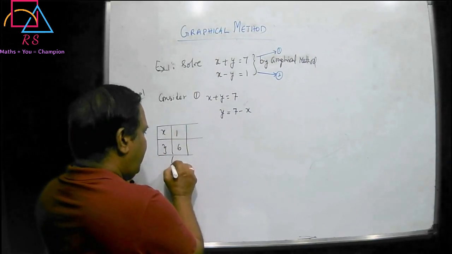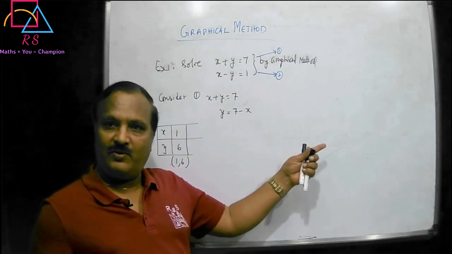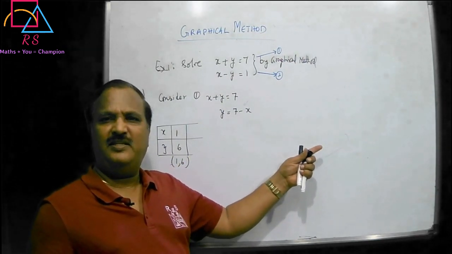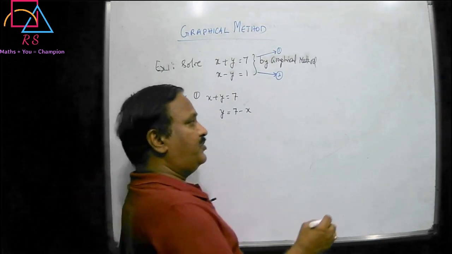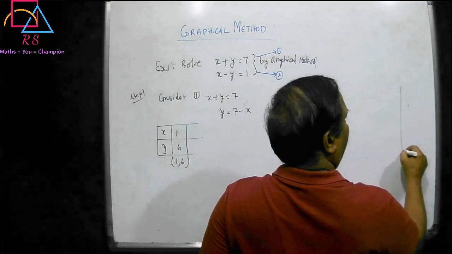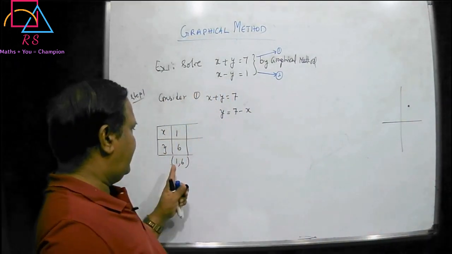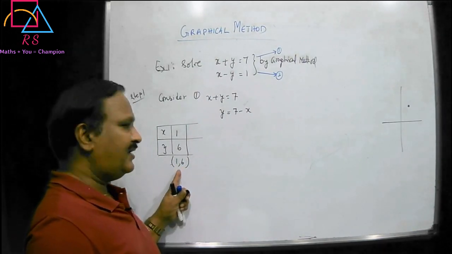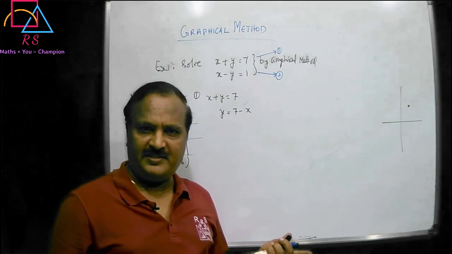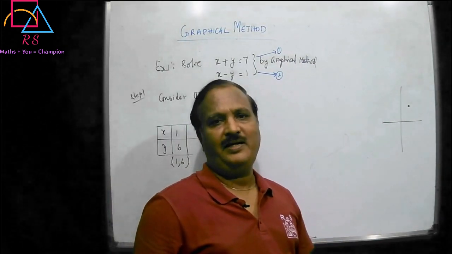Then what is the ordered pair here? 1 and 6. In the coordinate plane, in the graph sheet, if you want to locate a point, you need an ordered pair. A line is a set of points, so we need some points like this and then we join them, and you get a line.